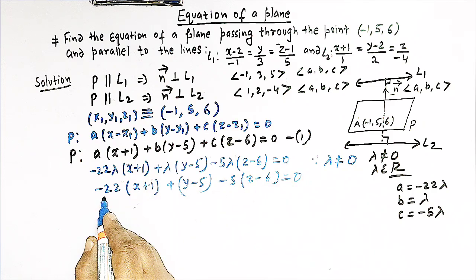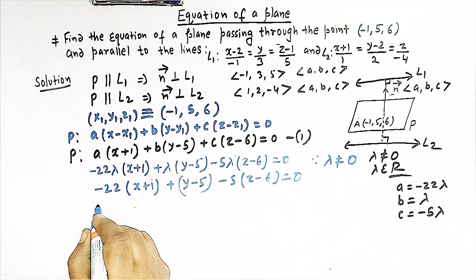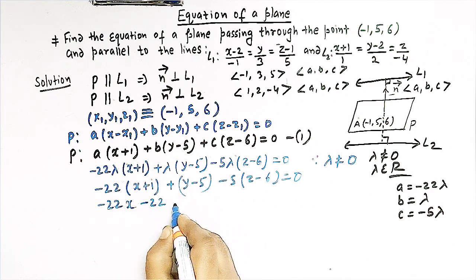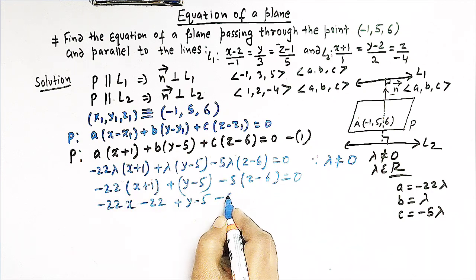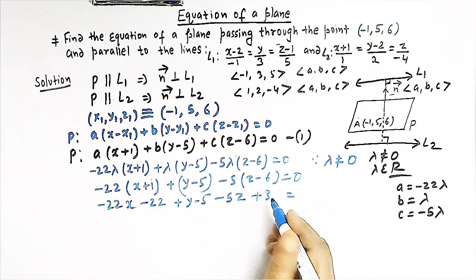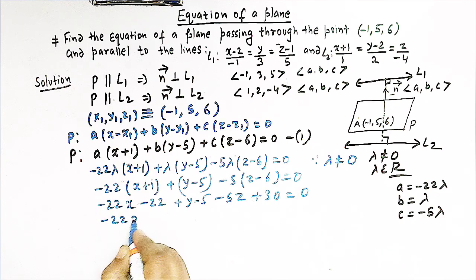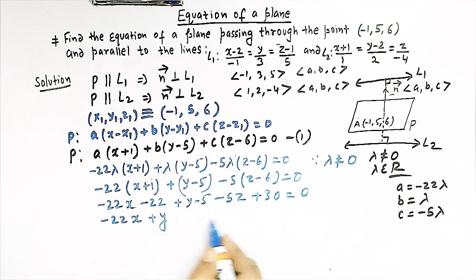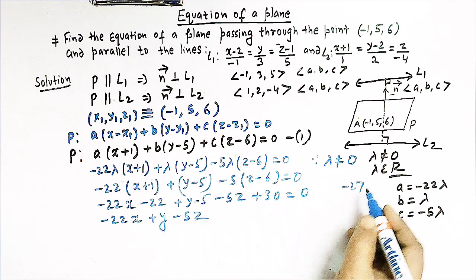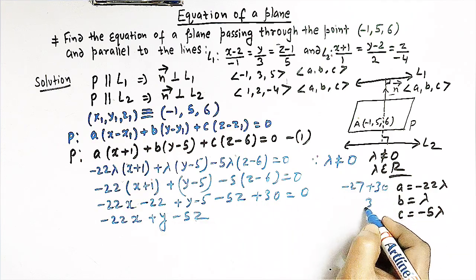So now we can easily simplify this expression. We have minus 22x minus 22, then plus y minus 5, minus 5z plus 30, and this is equal to 0. So now we have minus 22x plus y minus 5z, and minus 22 and minus 5 is minus 27, and here we have plus 30, so this is simply 3.